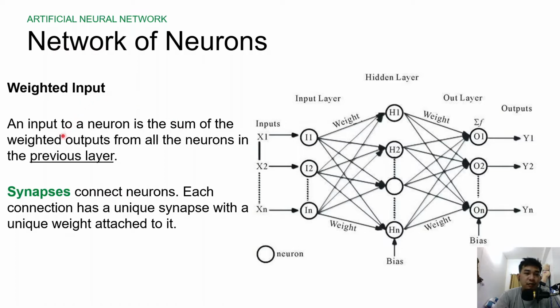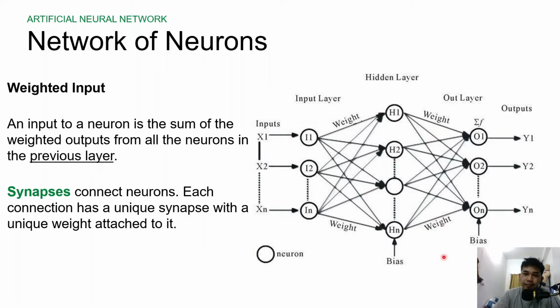So, weighted input. An input to a neuron is the sum of the weighted outputs from all the neurons in the previous layer. No? And then, synapses connect neurons. Each connection has a unique synapse with a unique weight attached to it.